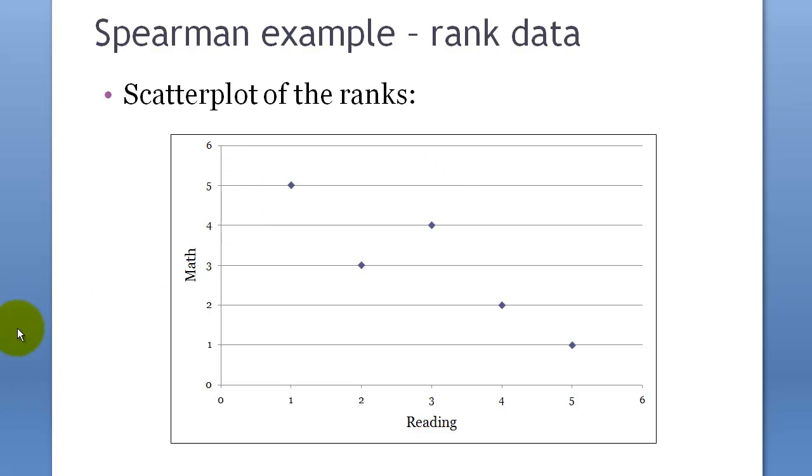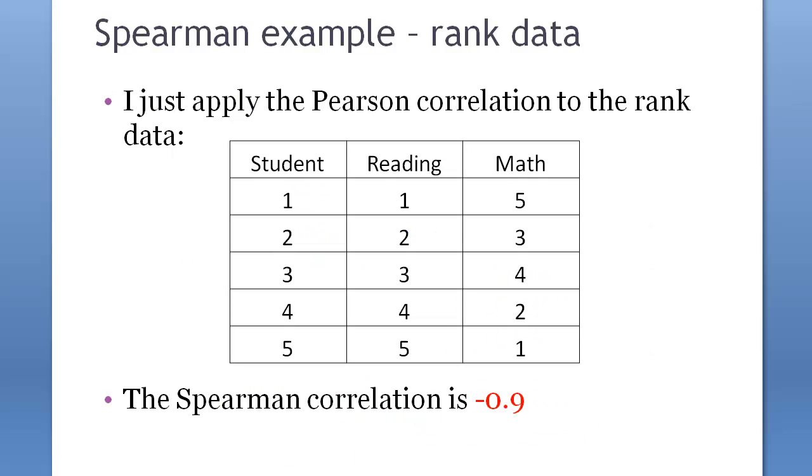Just apply the Pearson correlation to the rank data, and the Spearman correlation is minus 0.9.